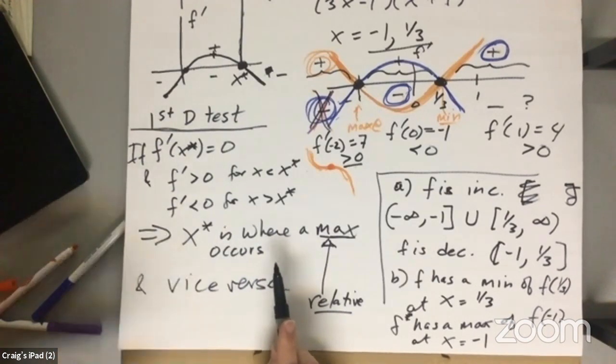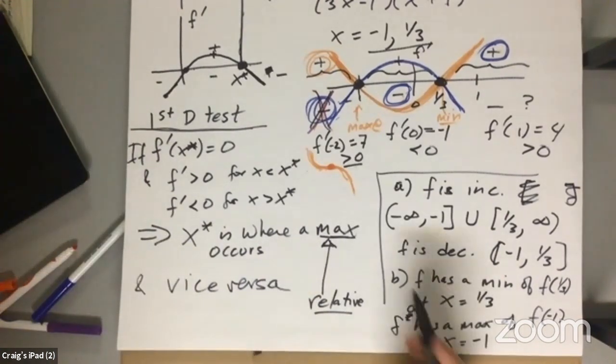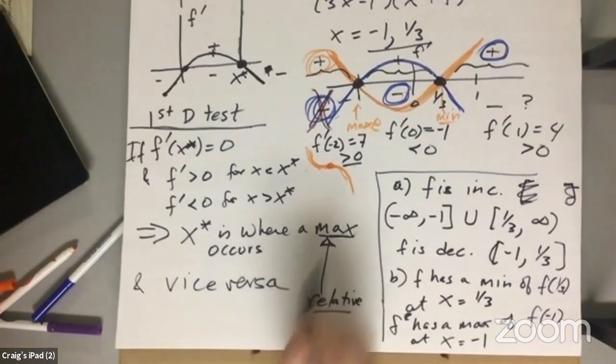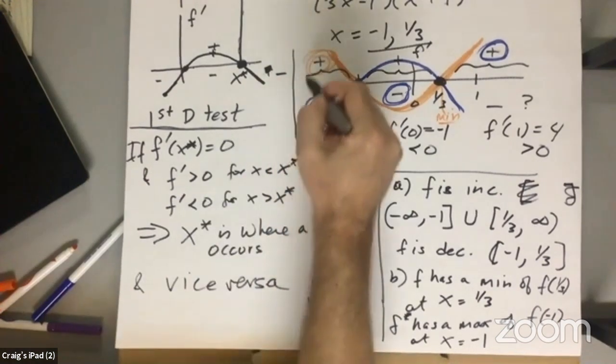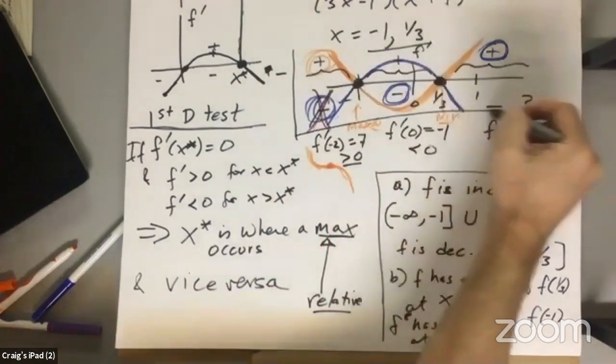Okay. So that's what I'm using here on the first derivative test. So when you do your calculation, when you do your quiz, when you do your final exam, this is what I'm looking for, is this picture right here.